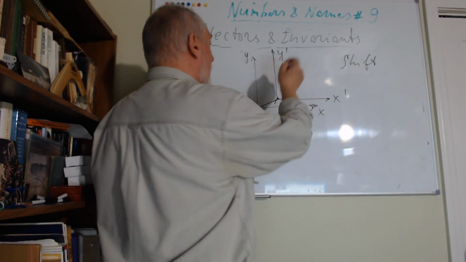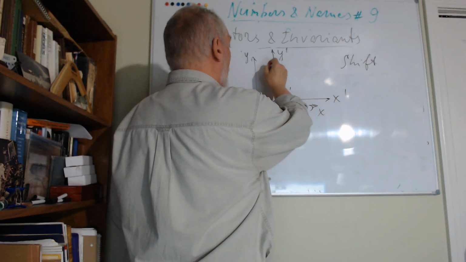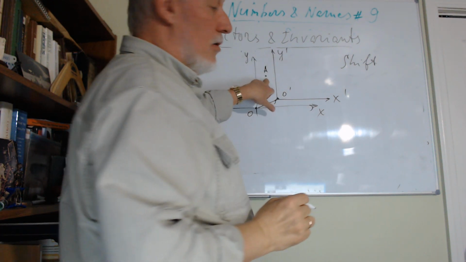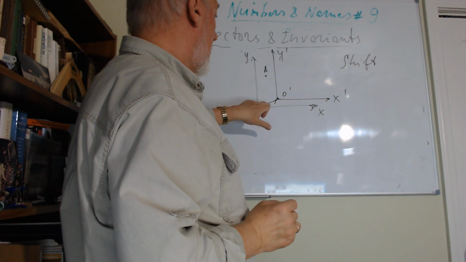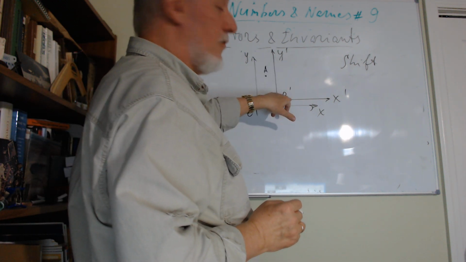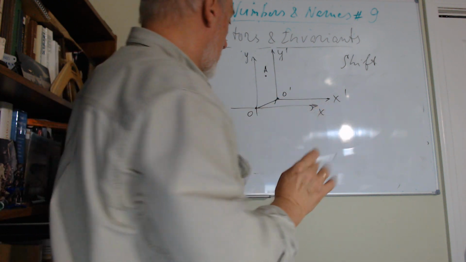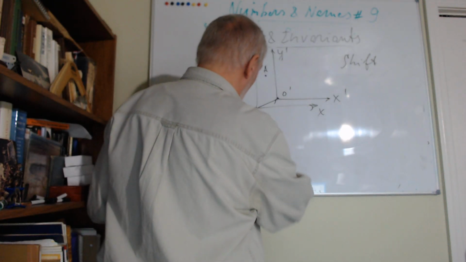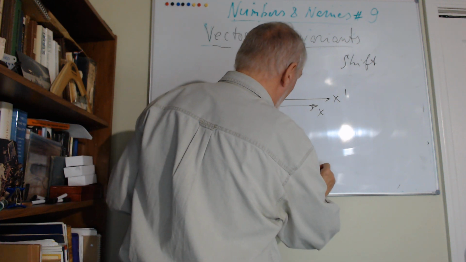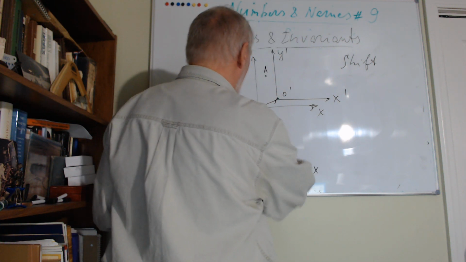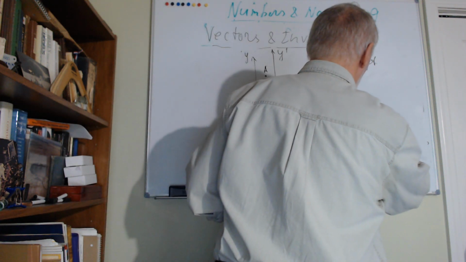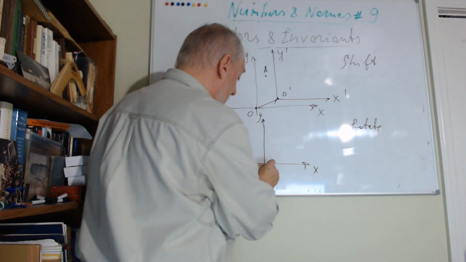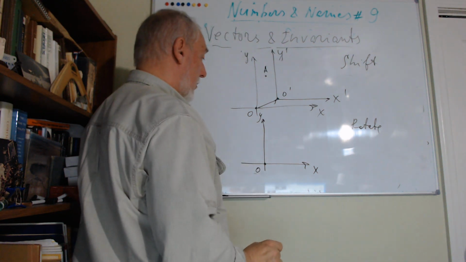Of course, if you see some point here, like point A, right? The point is not changed anywhere, but the coordinates will be changed, right? Coordinates in this frame of reference are different from coordinates in this frame of reference. So just think about it, right? Another, maybe like this. You have x and y, and then you rotate it by a certain angle around point 0.